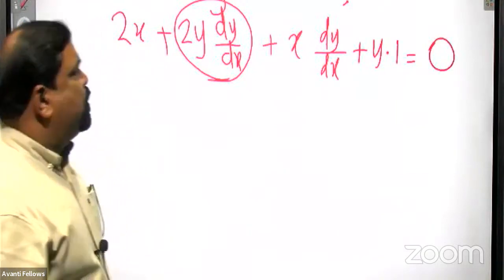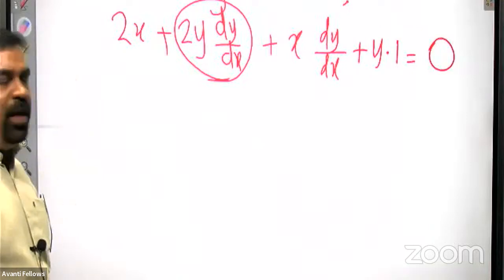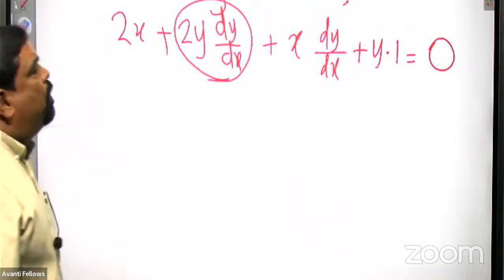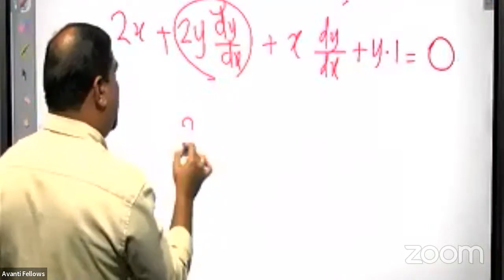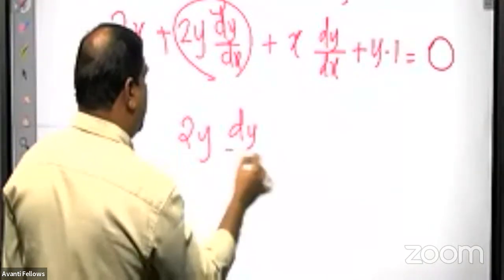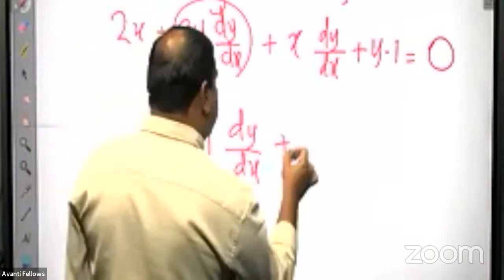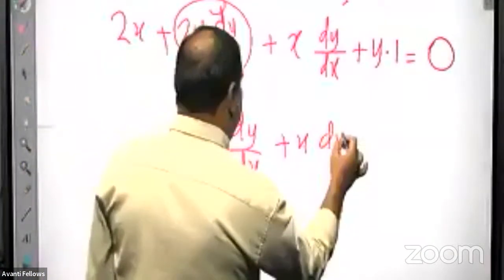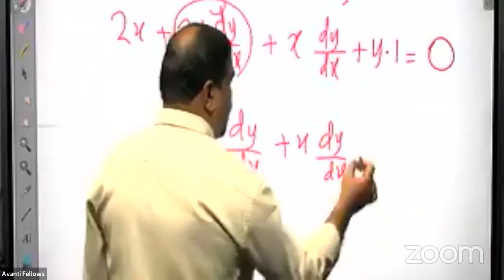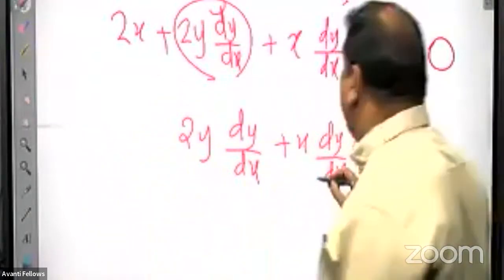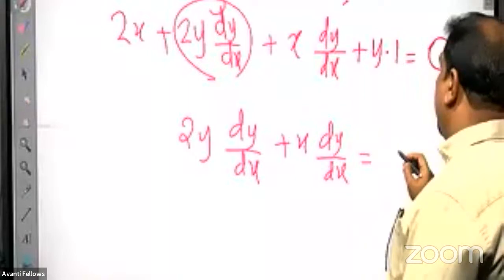Our aim is to find dy by dx. So you can see 2y dy by dx is here, keep it here only, and x dy by dx. All the remaining terms, shift to the right side.